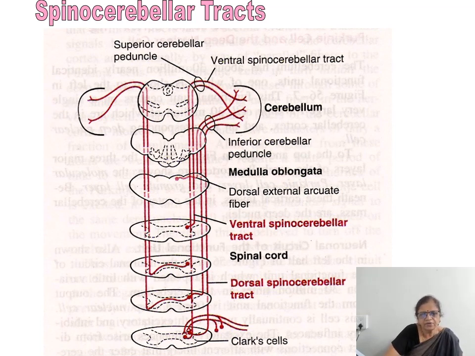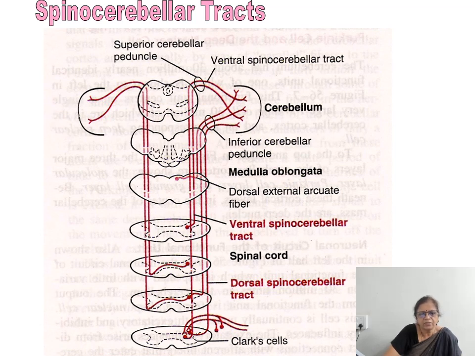Similarly, the ventral spinocerebellar tract. This will be roughly starting from the upper part of the body, and they will be ascending upwards. After entering the dorsal grey horn, they will cross to the opposite side and ascend in the ventral aspect of the lateral white funiculus, and through the superior cerebellar peduncle they will end on the cerebellum.